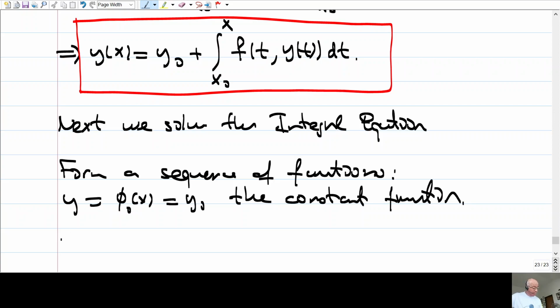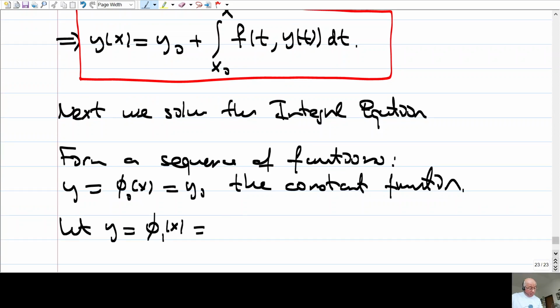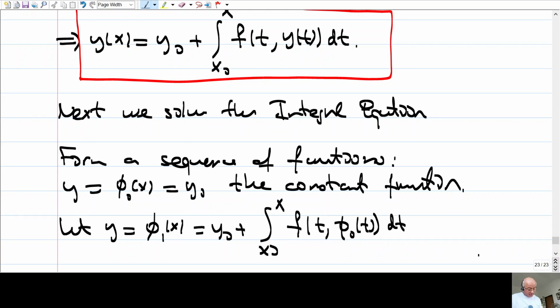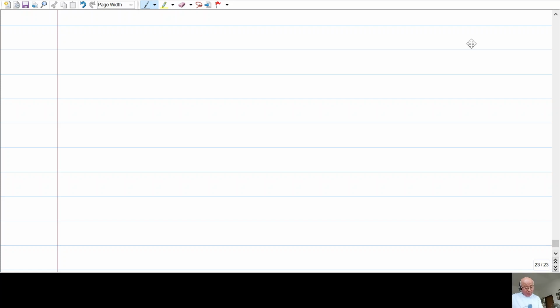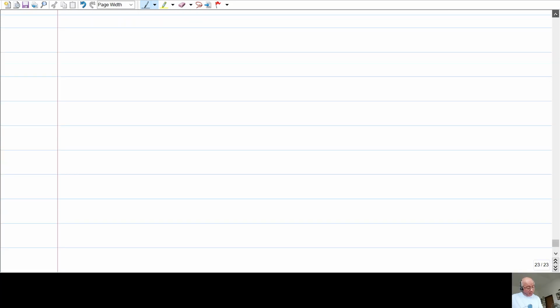And then let y equals phi 1 of x be this expression, y0 plus the integral from x0 to x of f of t. I will put y here, but for the y, I'll use phi 0, not phi 1. So phi 0 of x, phi 0 of t dt. And keep repeating this.